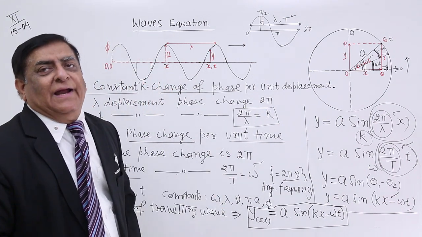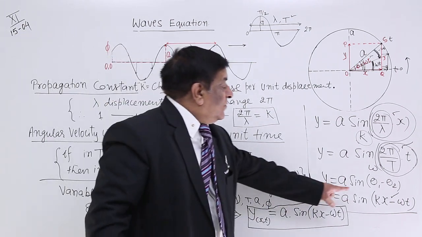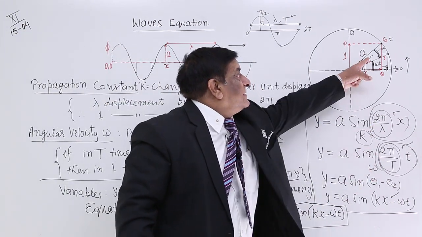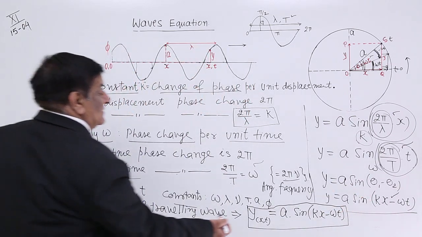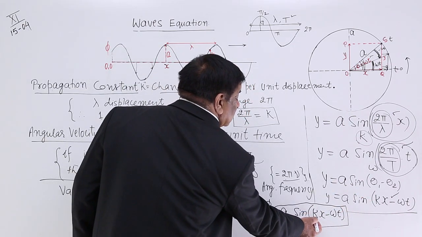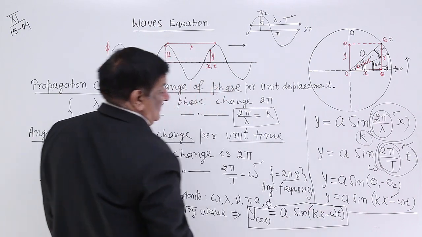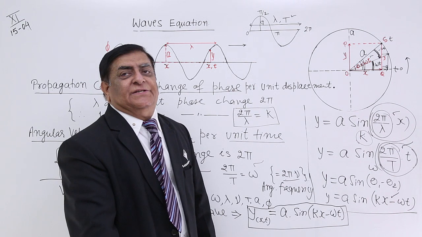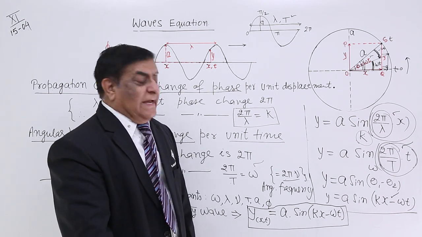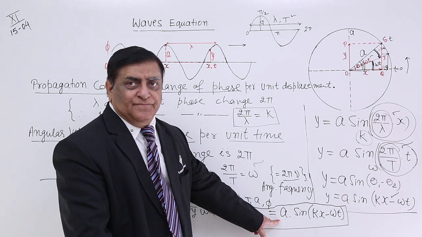Both are one and the same value. Okay. So, that we are going to use in this relation. So, this is our equation where k is the propagation constant, omega is the angular velocity. With this equation, what information do we get? We get the information that the amplitude of this wave is so much.